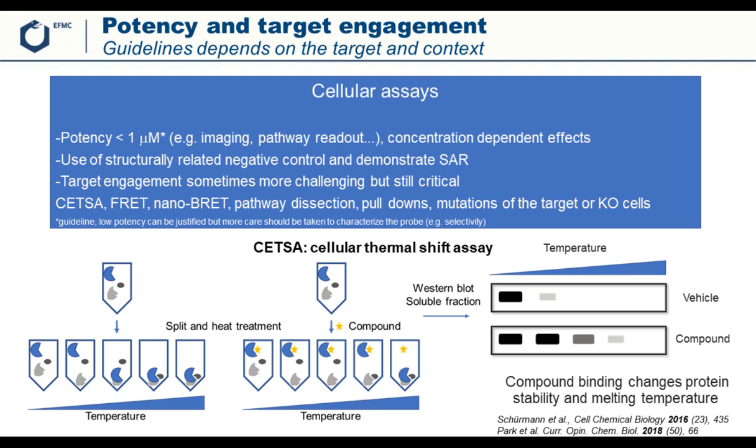This is what you see then on the right side of this slide. When you compare vehicle to compound-treated samples, you should see increased protein levels at higher temperature, indicating that the compound has engaged its target and stabilized it. So again, this is a relatively simple technique that can be used in cells to measure target engagement.